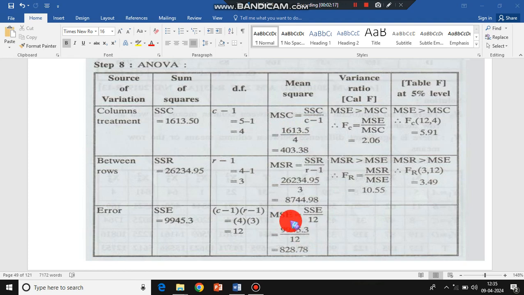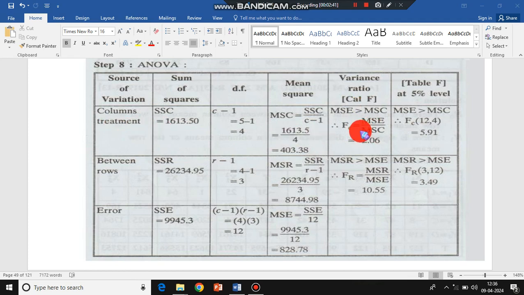Sometimes this may be lesser, this may be greater. But to get the calculated value of F, the greatest among these two we have to write in the numerator, and the lowest in the denominator, and that will give you the calculated value column wise.